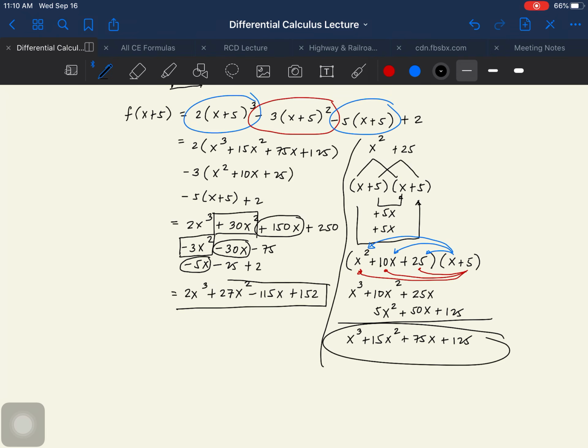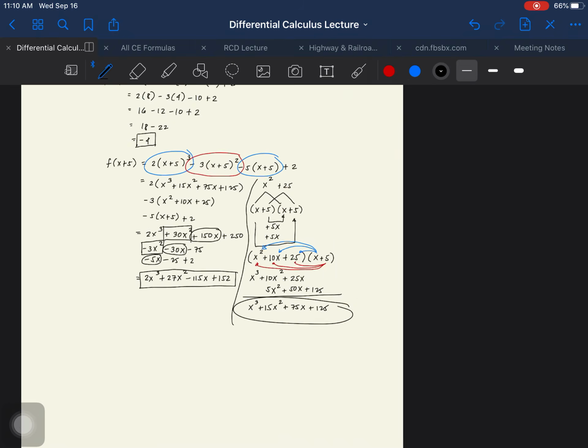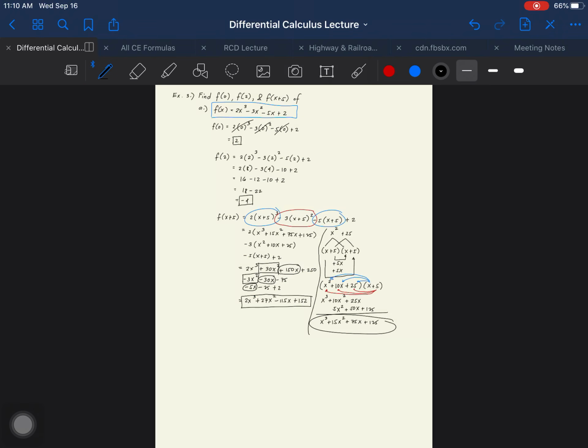So there you got the answer finally. So that is the final answer. Ooh, very tedious. 2x cubed plus 27x squared minus 115x plus 152. So that is the answer for example number 3, letter A.